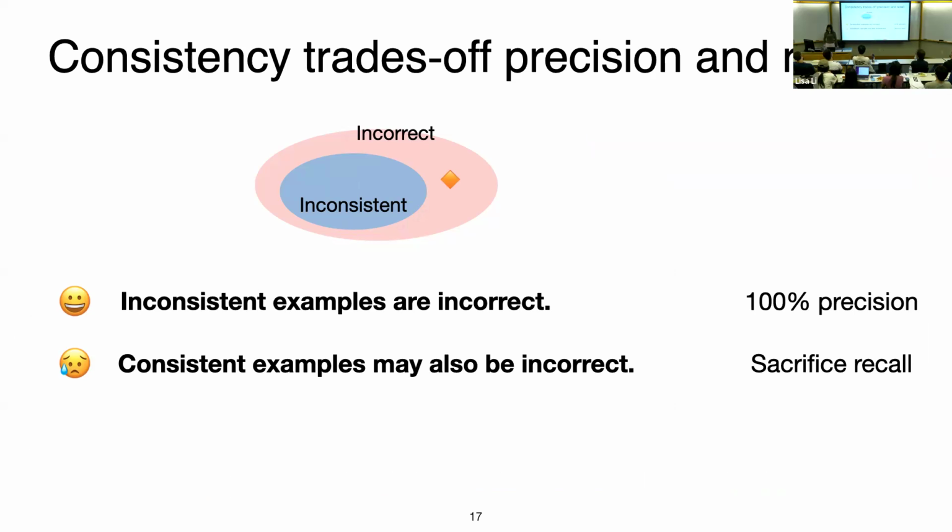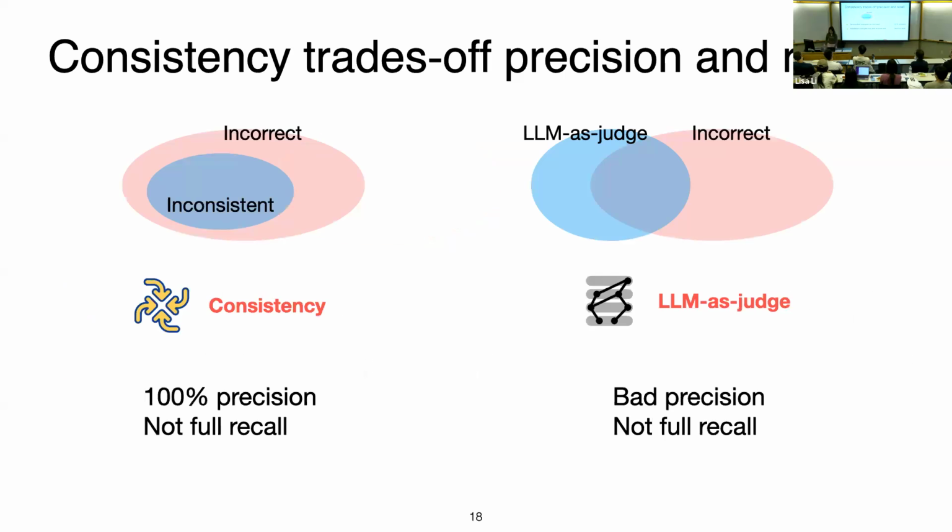If model responses are consistent with each other, it doesn't really say anything about correctness. For example, if two models both say that NYC is the capital of New York State, then they are consistent, but they are both wrong. Now we'll compare the error detection pattern using consistency test and using language model as judge, side by side.